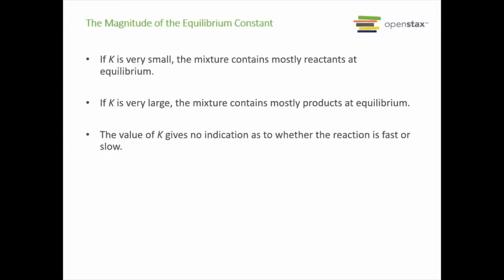If it's very large, the mixture contains mostly products at equilibrium, so it likes to go forward more. But the value of K doesn't tell us if this is a fast or slow reaction. Just because you have a big K doesn't mean that it's a fast reaction. Make sure you remember that. This is different than the kinetic little k.